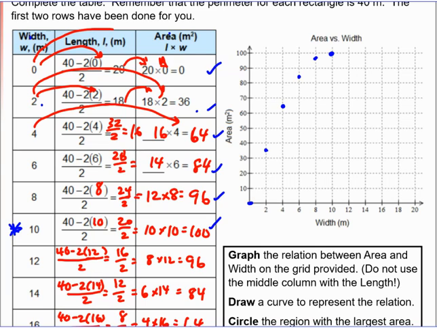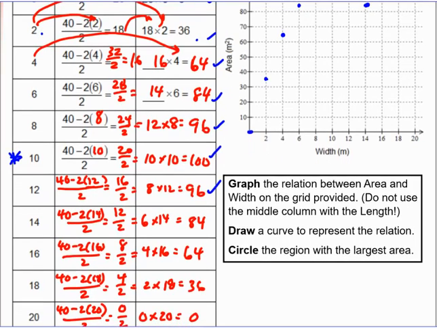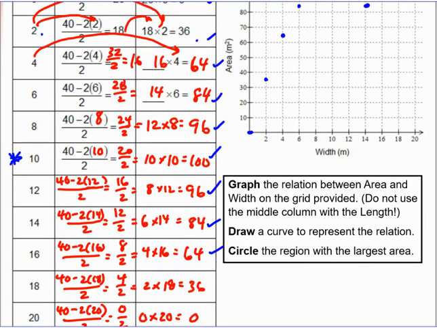Okay, 12 and 96. And we're repeating ourselves. So 14 and 84. 16 and 64. 18 and 36. And 20 and 0.